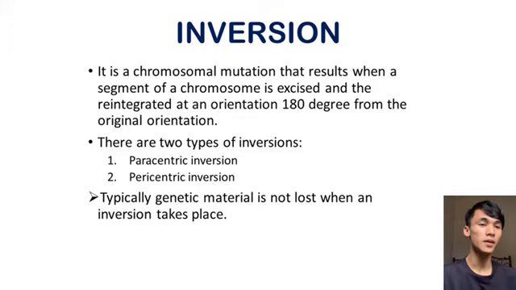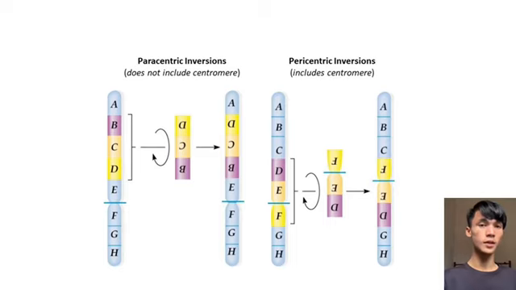Typically, genetic material is not lost when an inversion takes place. If the centromere is not part of the rearranged chromosome segment, it is a paracentric inversion. If the centromere is part of the inverted segment, it is described as pericentric inversion.